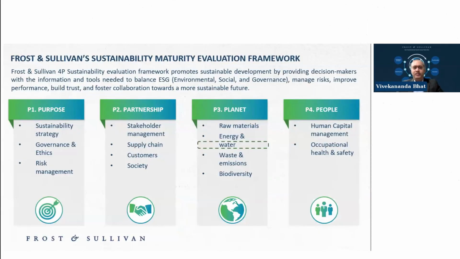Now, Frost and Sullivan has been working with companies for the last 15 years to improve their sustainability maturity levels through an incisive on-site assessment evaluation program, which is based on 4 pillars: purpose, partnership, planet, and people. Water is also an important element in this assessment criteria under the planet pillar. The whole engagement is spread across 3 phases.